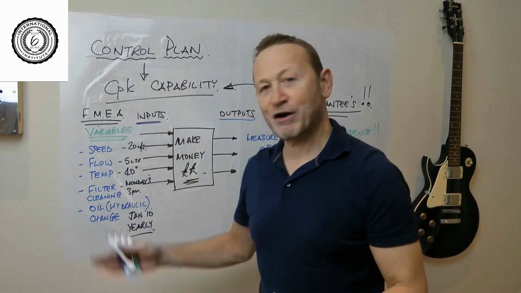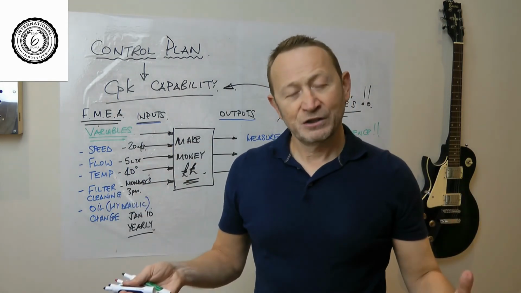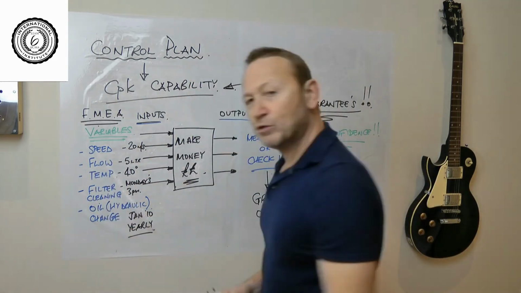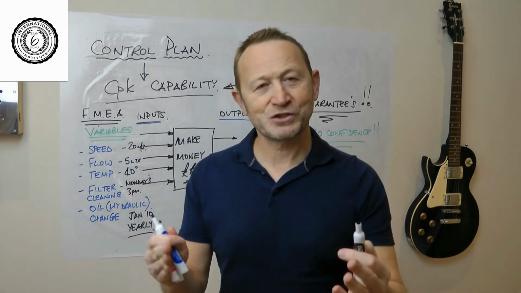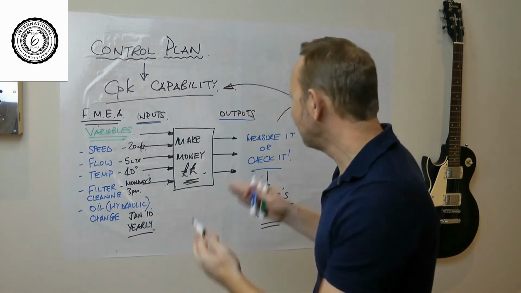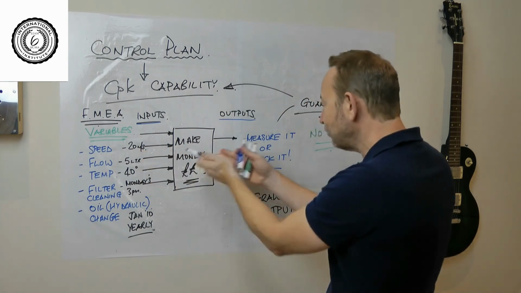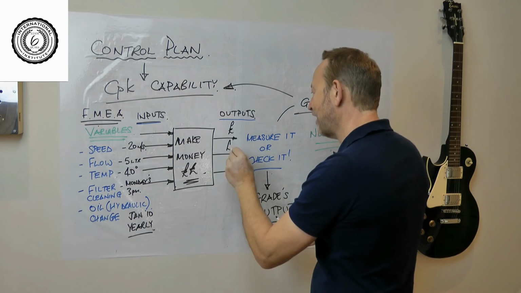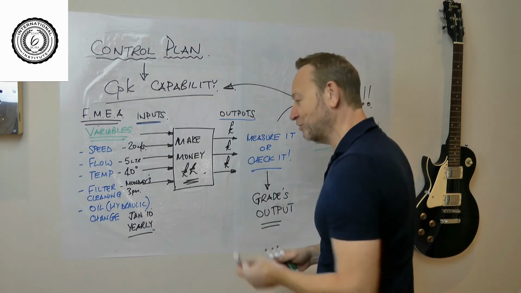So this should flow out of your FMEA. What would also be linked to this? Well, of course, now you've got fantastic variable control. You've got variable control that, what does it do? It makes piles and piles of cash. That's what it's designed to do.